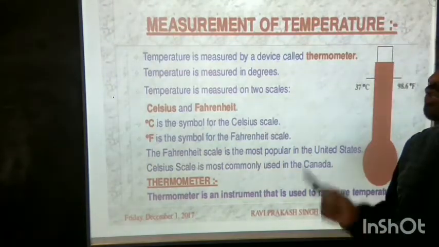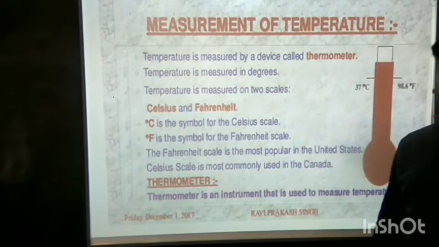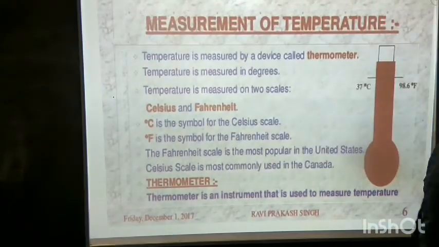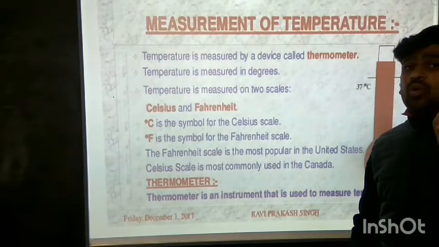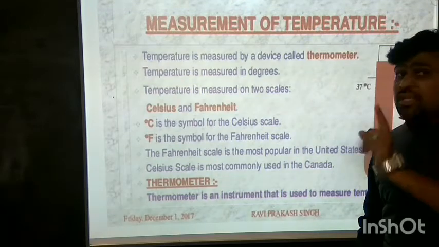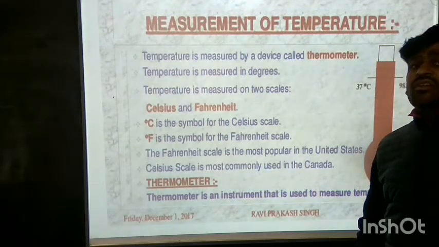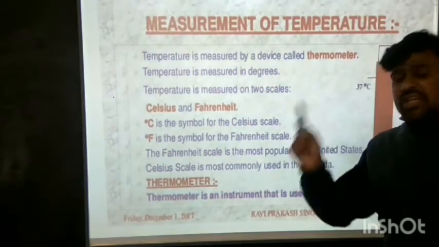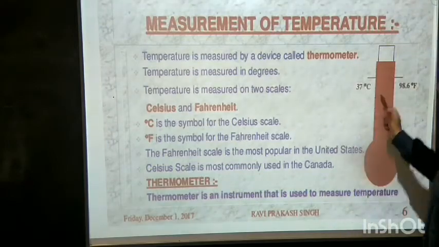Temperature can be measured using the instrument called thermometer. Temperature is always measured in degrees. There are two types of temperature scale: Celsius and Fahrenheit. The symbolic representation of Celsius is C and of Fahrenheit is F.